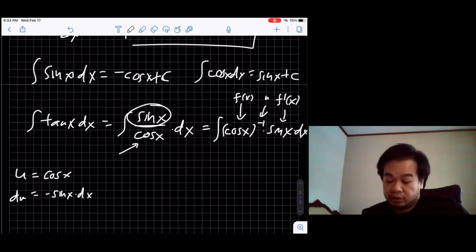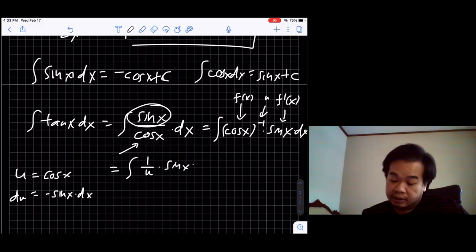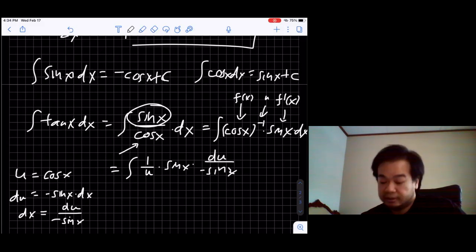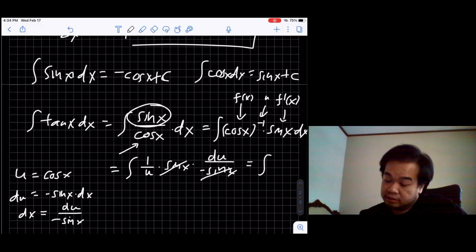So it's equal to integral of 1 over u times sine x times, and then I will need to reverse this. So dx is equal to du over negative sine x. And then cancel, cancel, and we get integral of negative 1 over u du.